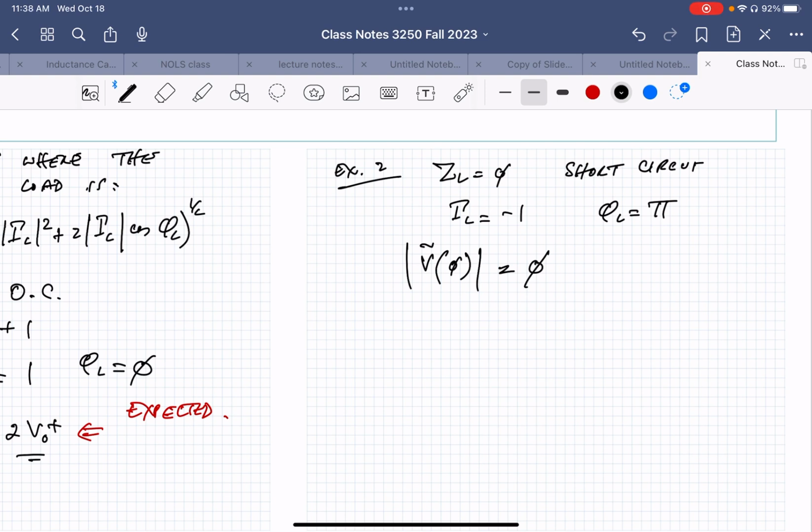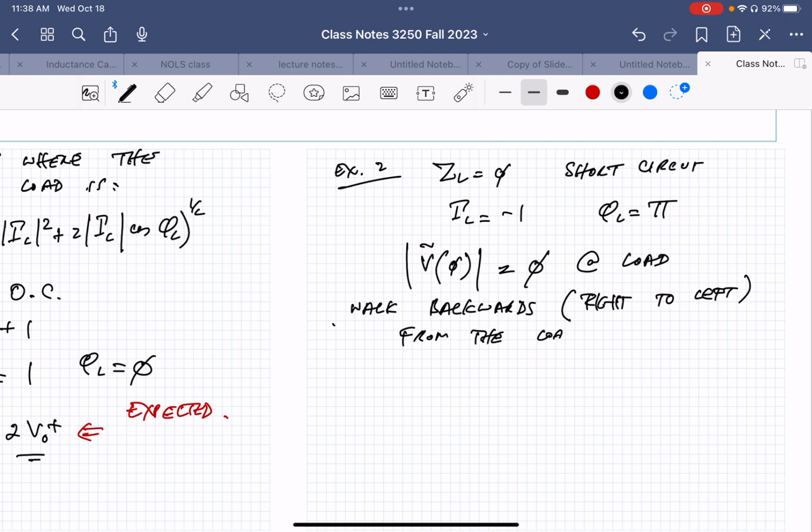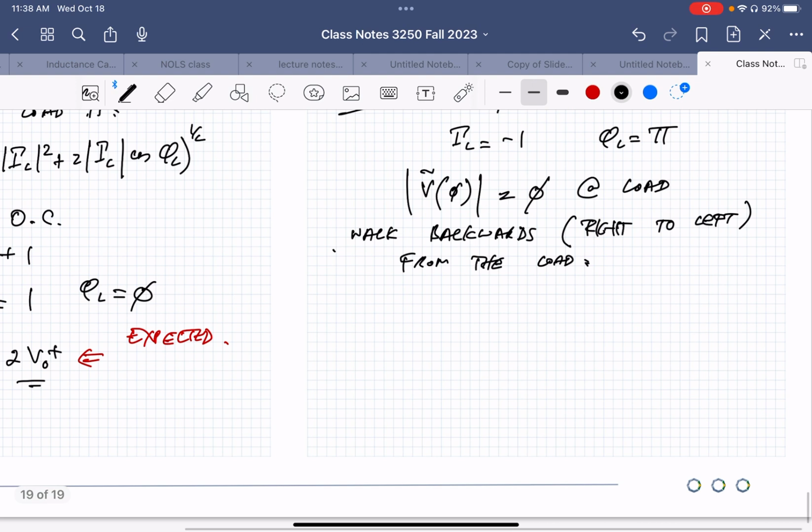But this is just at the load. As you walk backwards from right to left from the load, and let's say you're measuring the voltage values at any point along the transmission line, you'll see that, because you have a standing wave from the interference of the forward going and reverse going waves, you'll have maximums and minimums in the voltage amplitude.